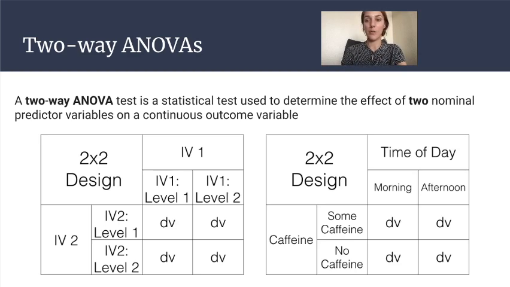So we have an example here of caffeine, having some caffeine versus no caffeine, and maybe say energy in the morning and afternoon as the dependent variable. So you can belong to two of these categories at any given time, right? You could have been given some caffeine and asked your energy level in the morning or in the afternoon.